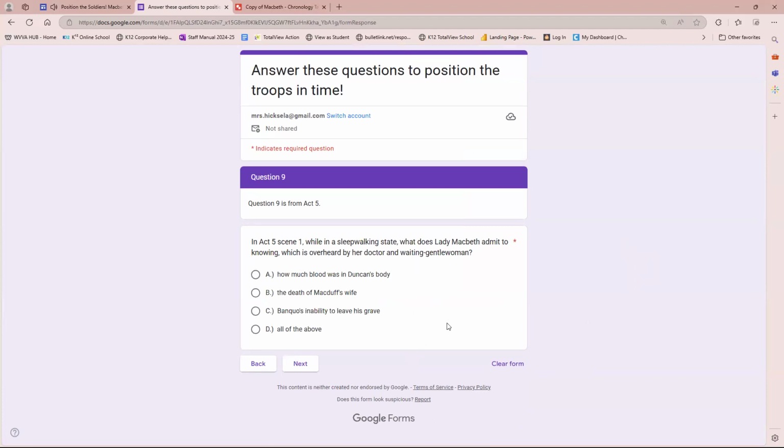In Act 5, Scene 1, while in a sleepwalking state, what does Lady Macbeth admit to knowing? Right? All of the above. Considering the final scene of the play, which similarities exist between the beginning and the end of the play?